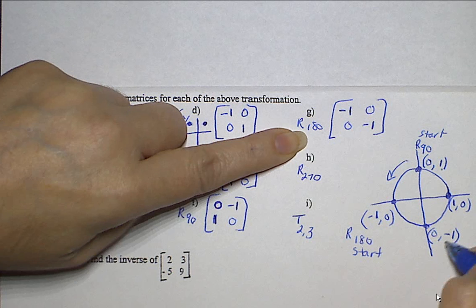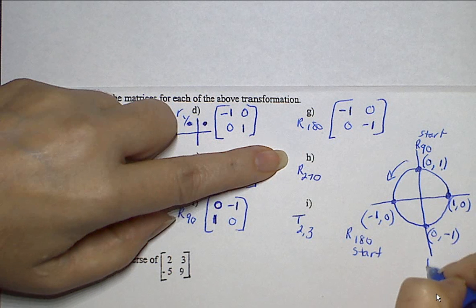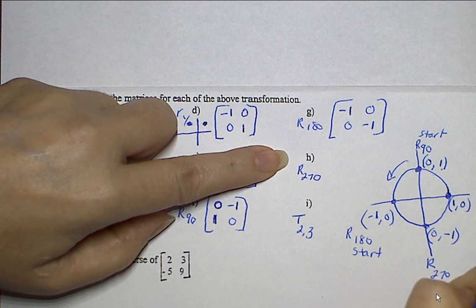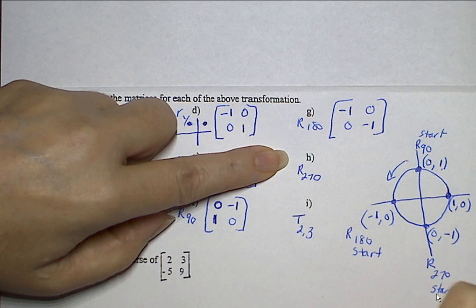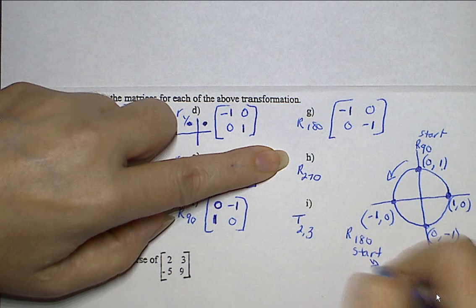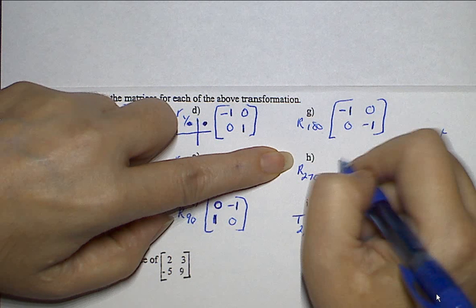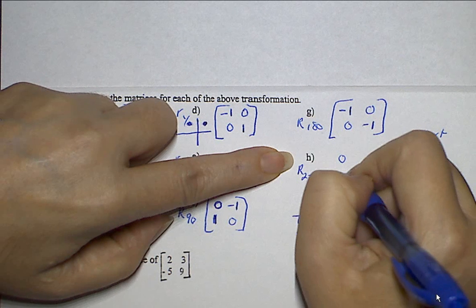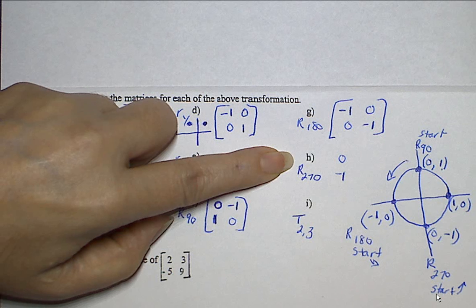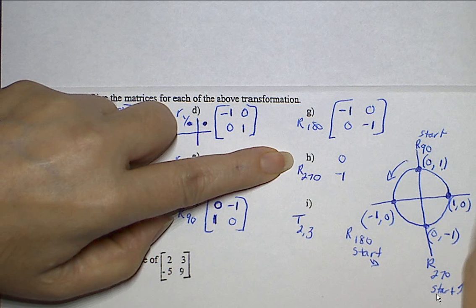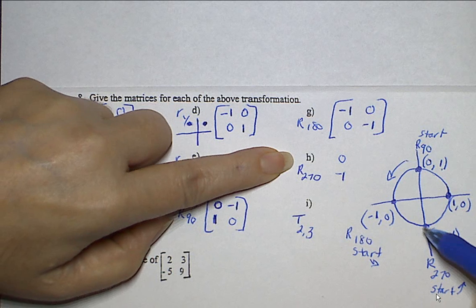So remember, rotation of 270 would start here and it would go to the next one, right? So the first one would be 0 and negative 1. And then you go and grab the next one, which is 1, 0.